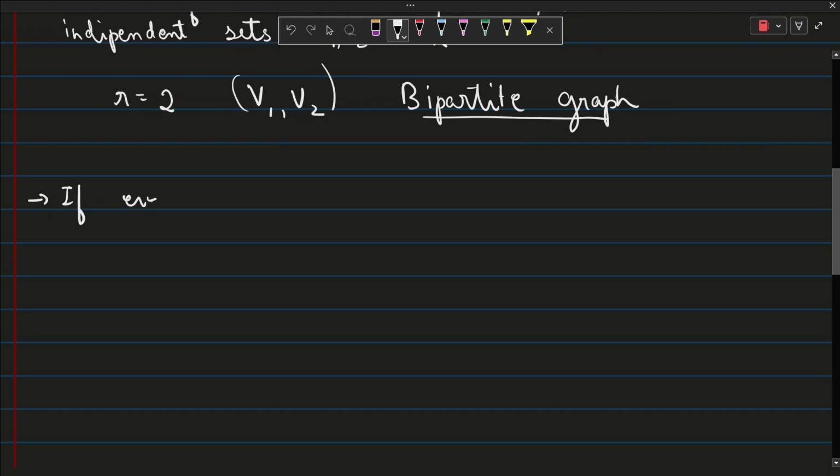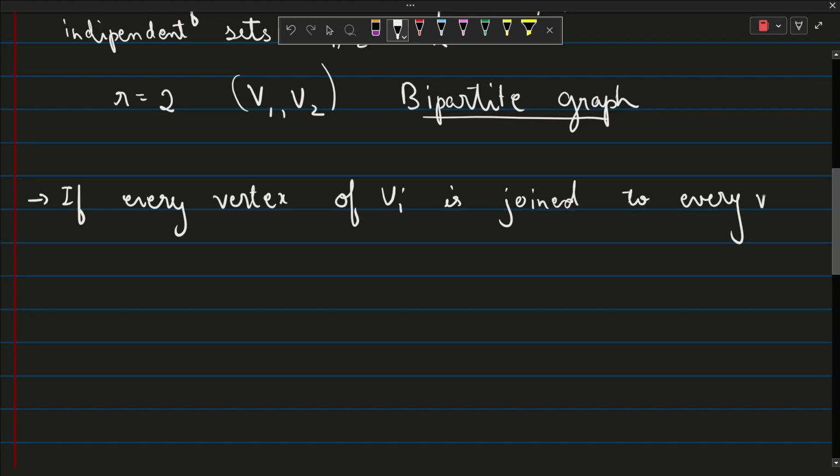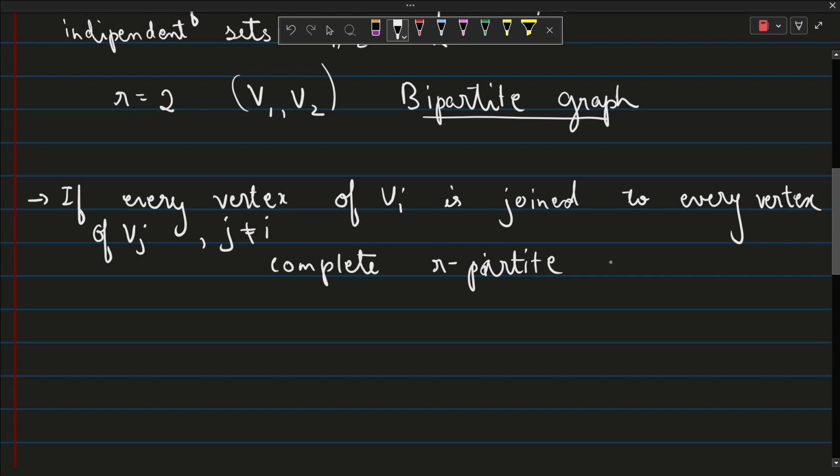If every vertex of Vi is joined to every other vertex of Vj, where i and j are not the same, then this is called a complete R-partite graph.